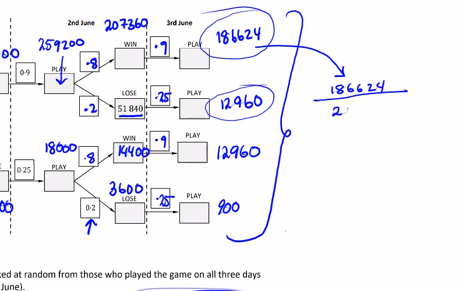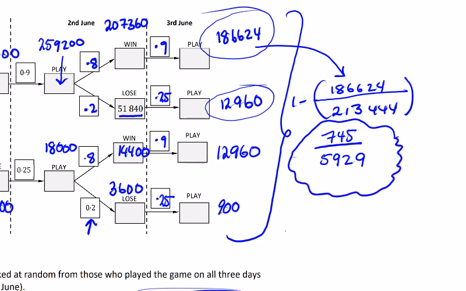And the 4 numbers add up to 213,444. Just double checking that. And this is giving me a fraction as an answer. So if I take 1 minus this guy, it'll give me the answer, which is 745 over 5929. And that's the end of the statistics question.